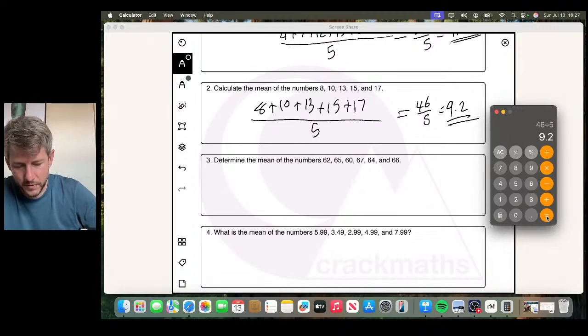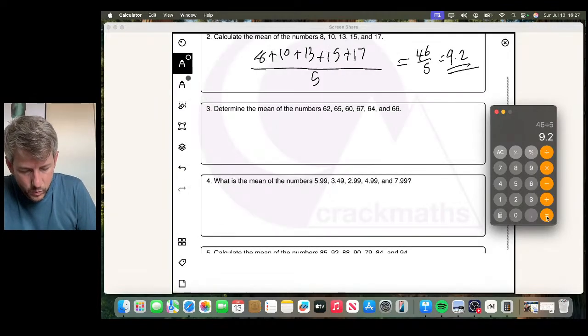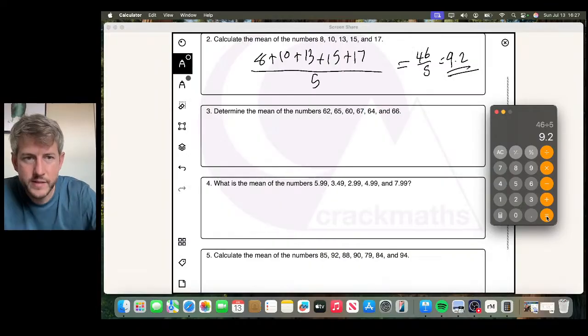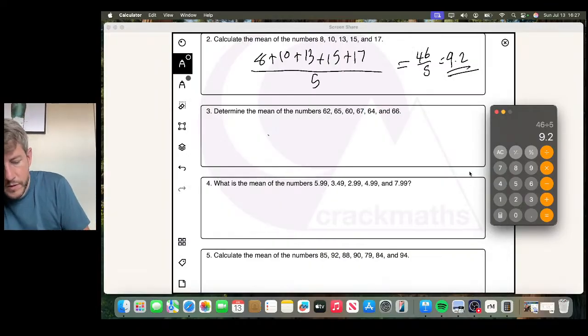Okay, right, next one. Determine the mean of these numbers. 1, 2, 3, 4, 5, 6. Okay, 6 this time. So we'll do 62 plus 65 plus 60.